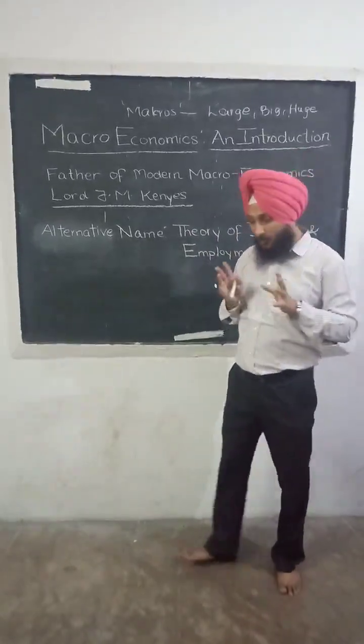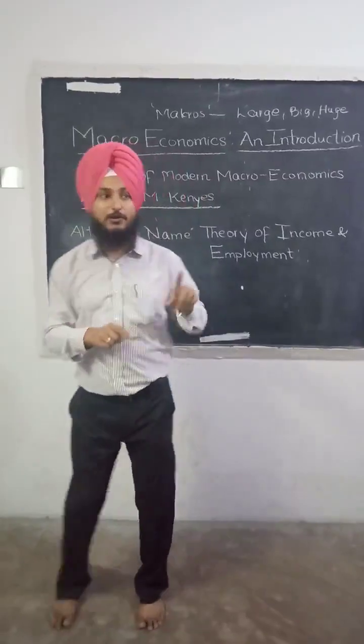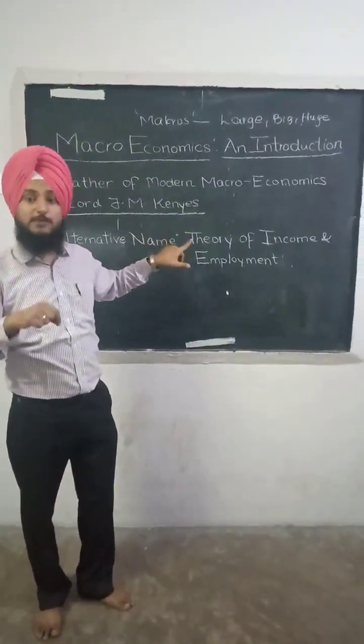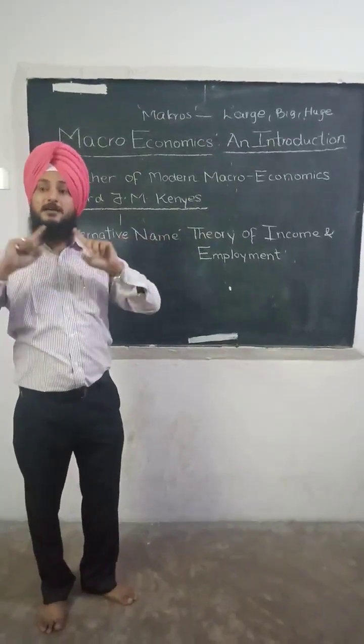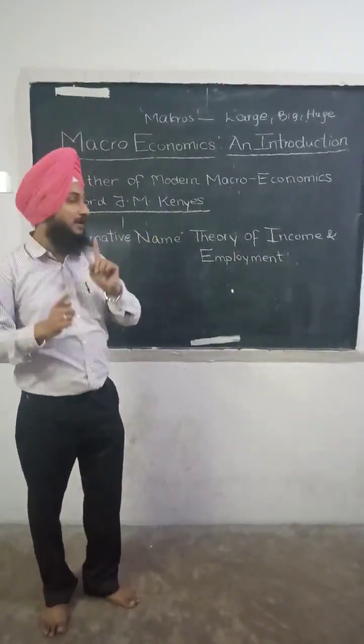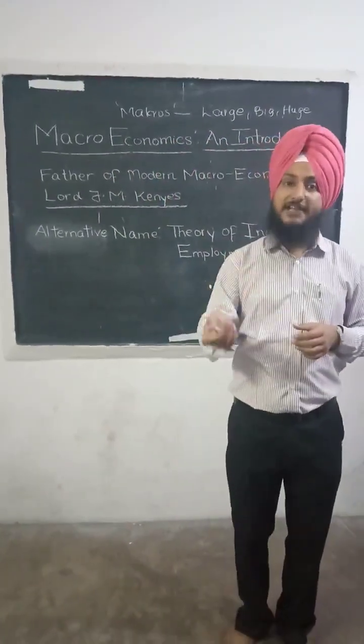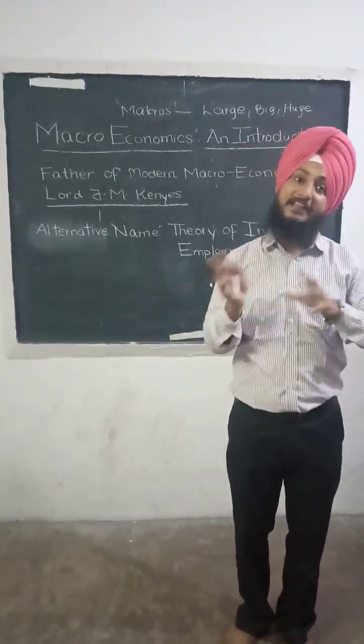All the chapters we will study in macroeconomics are not small or individual problems; these are the problems of a nation, for example the problem of unemployment, the problem of inflation, aggregate demand and aggregate supply.